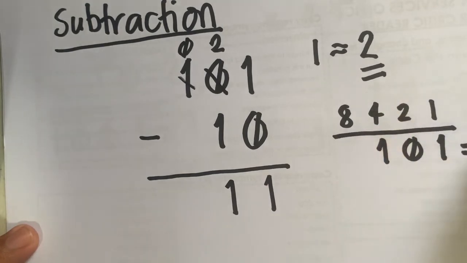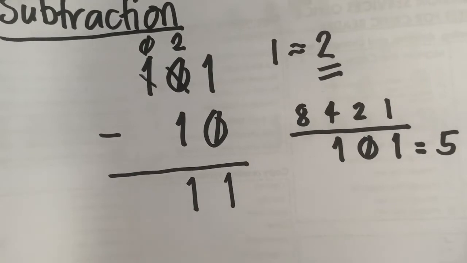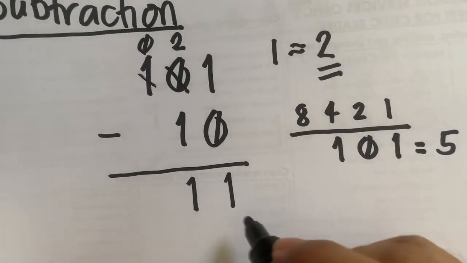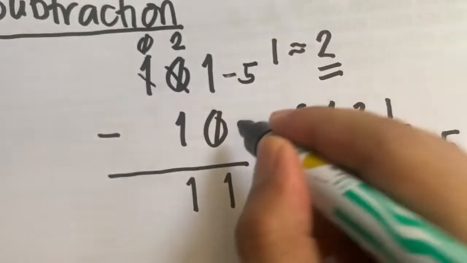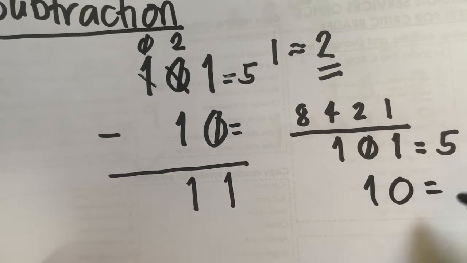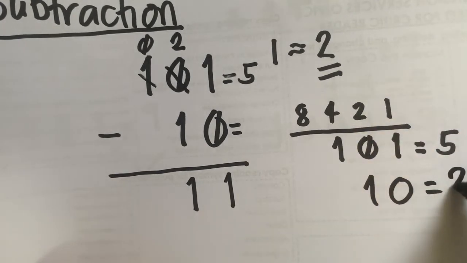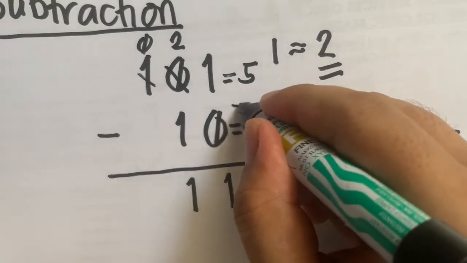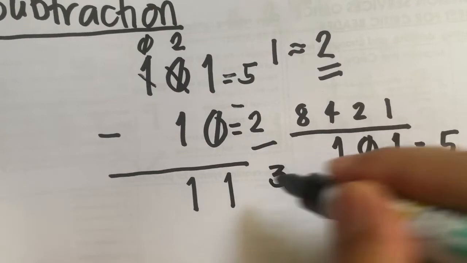So 101 in decimal is 5. How about 10? So 1 is 2. So we're actually subtracting 5 minus 2, which should give us 3.